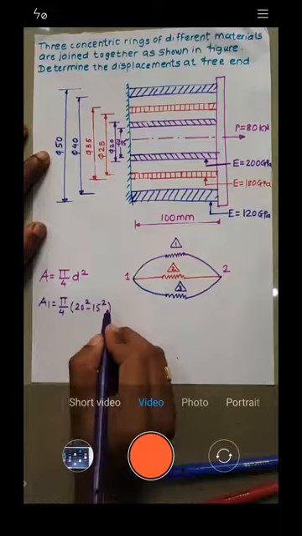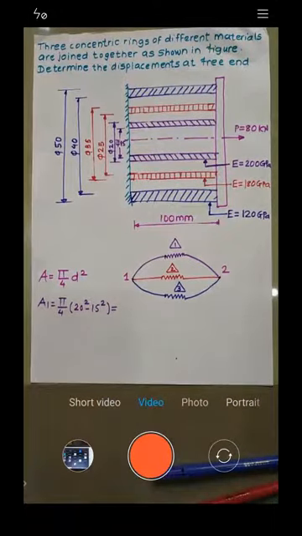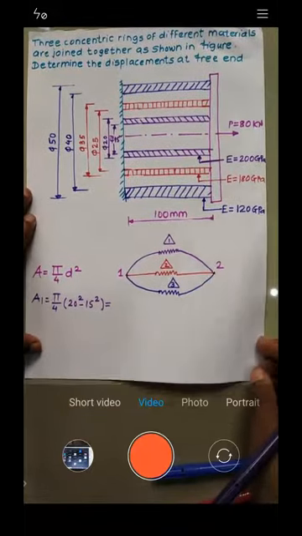Do it fast. Pi by 4, 20 square minus 15 square.